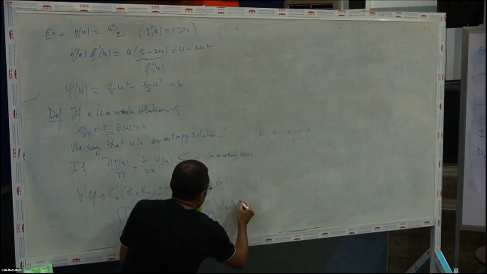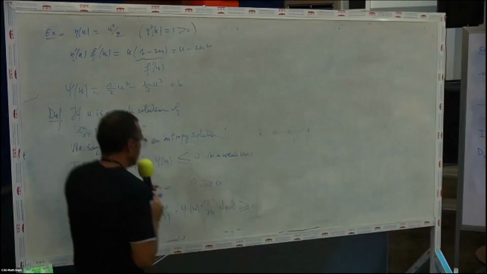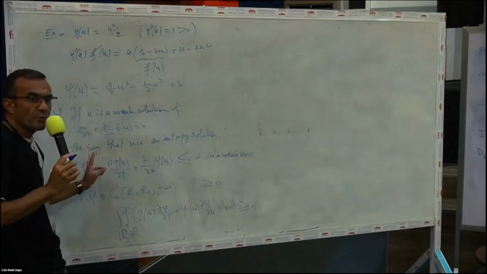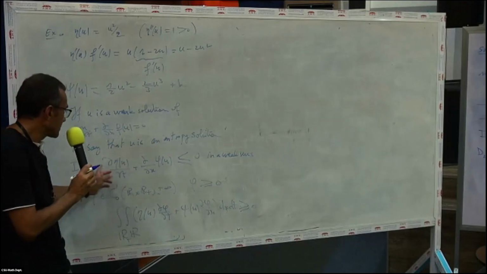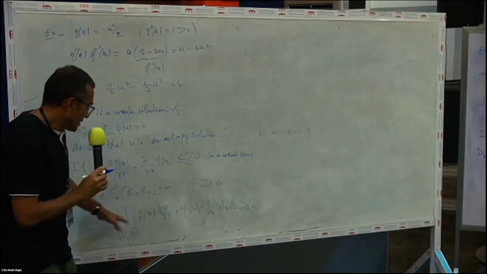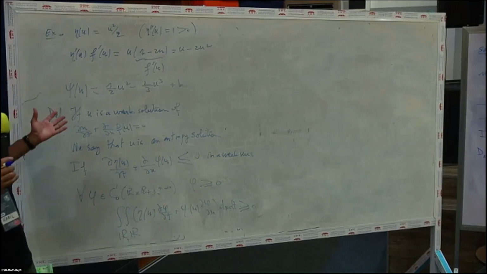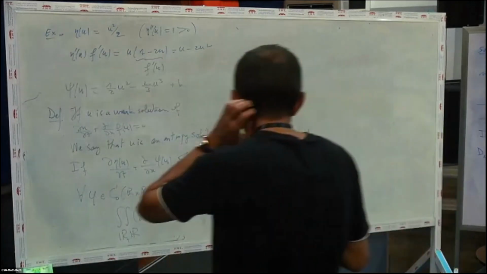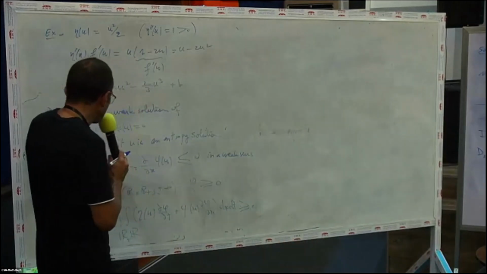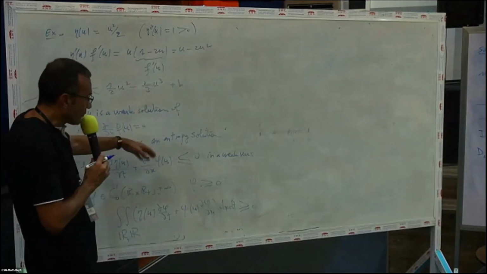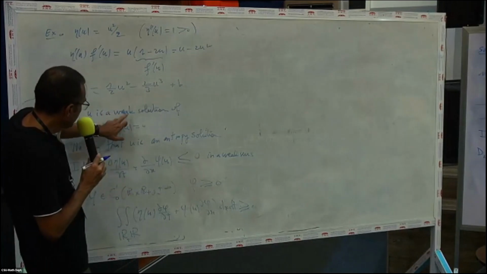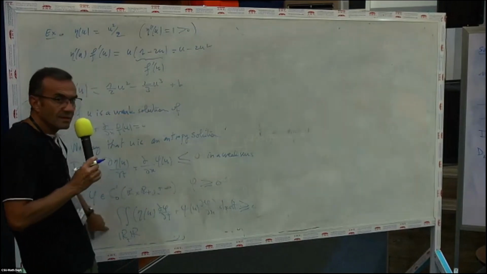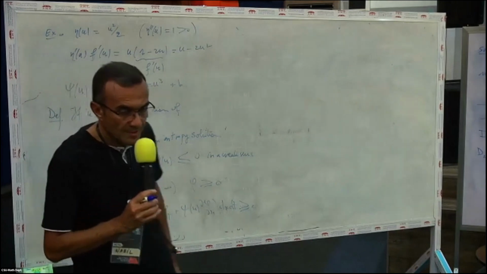It's negative because integration by parts will give you a minus. This is what an entropy solution is. You have something like this equal to 0, but with u and f of u; this is a weak solution, but you have to satisfy this as well.